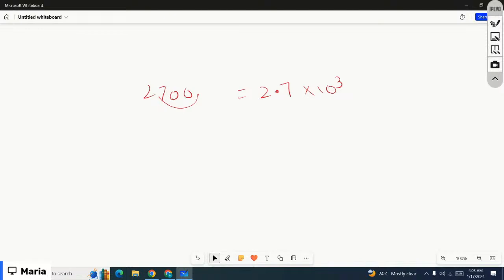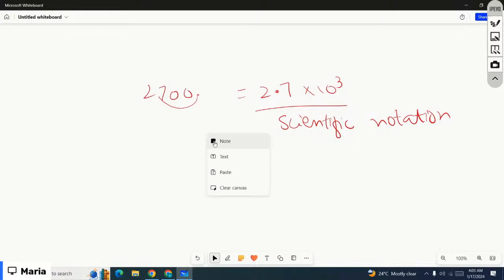Got it? So this is the scientific form, the scientific notation. You can write either very small numbers or very large numbers using the scientific notation method. Now, how do we compare numbers written in scientific notation?